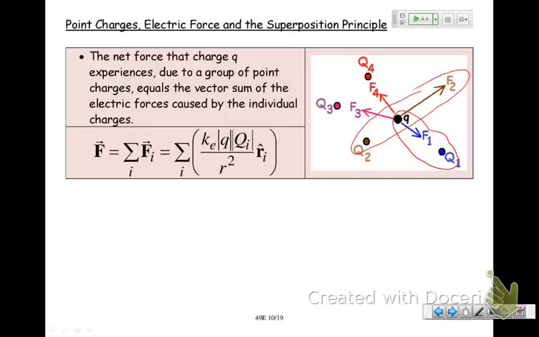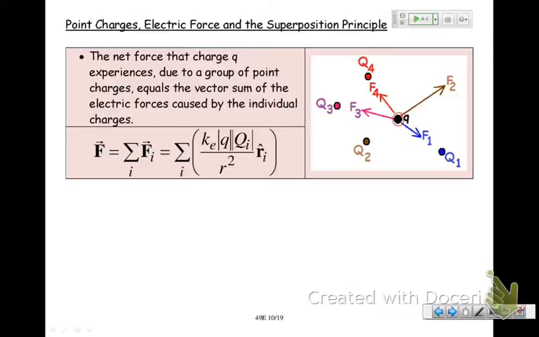If I'm listening wholeheartedly to you, I can't possibly listen wholeheartedly to you and somebody else. I've got to split my attention. So there's this instinctive feeling that when you get more and more charges, you get less and less influenced by that original charge. But that original charge is completely unperturbed by the additional charges. All that happens is that the charge Q has a lot more forces acting on it.